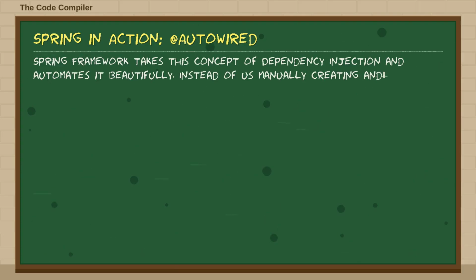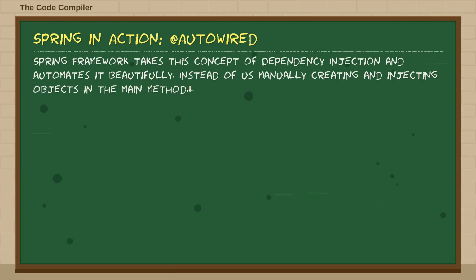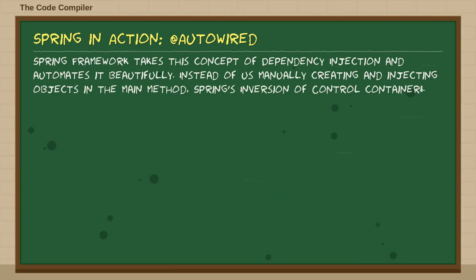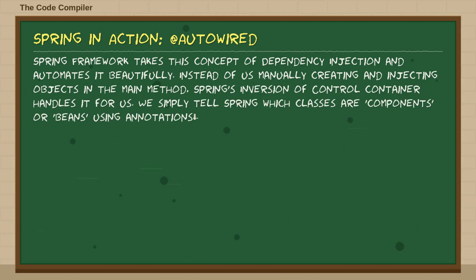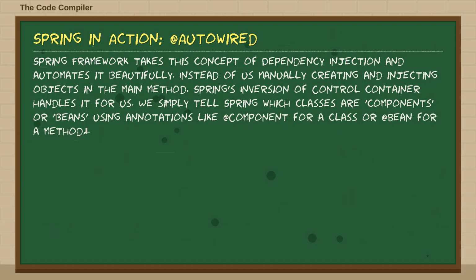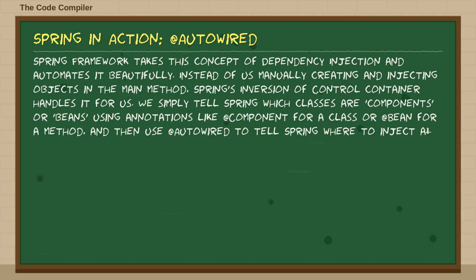Instead of us manually creating and injecting objects in the main method, Spring's inversion of control container handles it for us. We simply tell Spring which classes are components or beans using annotations like @Component for a class or @Bean for a method, and then use @Autowired to tell Spring where to inject a dependency.